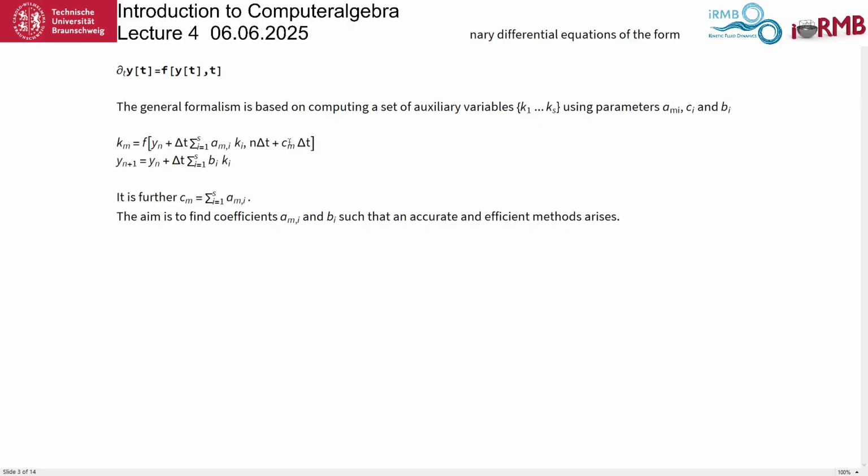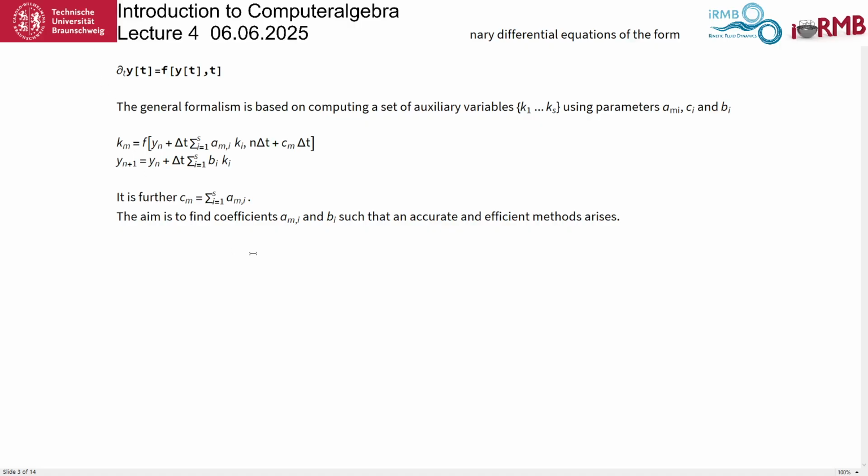And there is this other parameter c_m. This c_m is basically the partial increment in time. So this will usually be a number smaller or equal than 1.